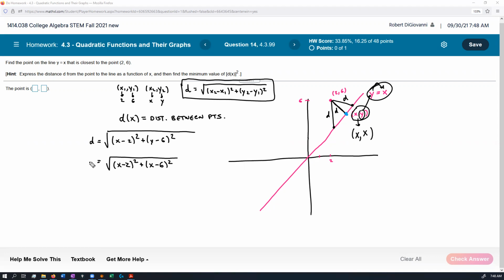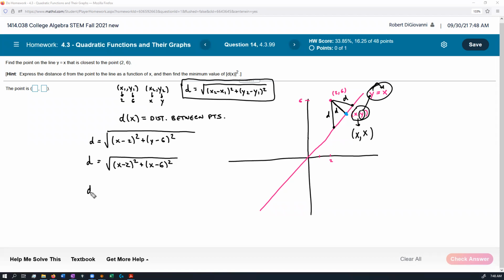That's our distance. Now, the tricky part of this, if this hasn't been tricky enough, is that we would like to figure out when this is the smallest it can be. Whenever this is as small as it can be would correspond to this blue point. It's hard to look at when the square root of something is the smallest it can be.